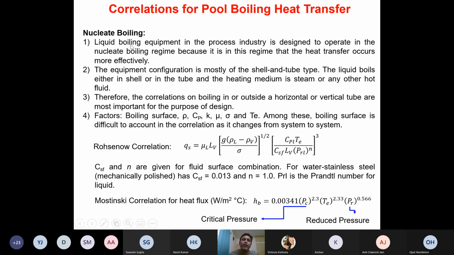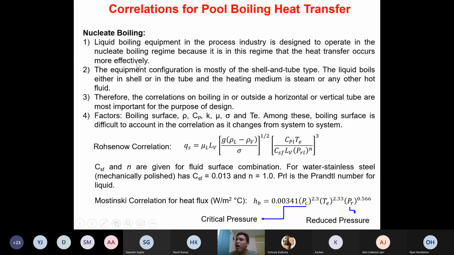Liquid boiling equipment in the process industry is designed to operate in the nucleate boiling regime, primarily because it is in this regime that the heat transfer occurs more effectively.